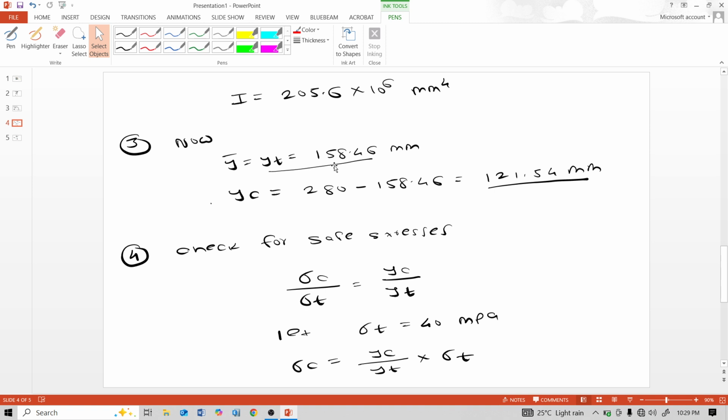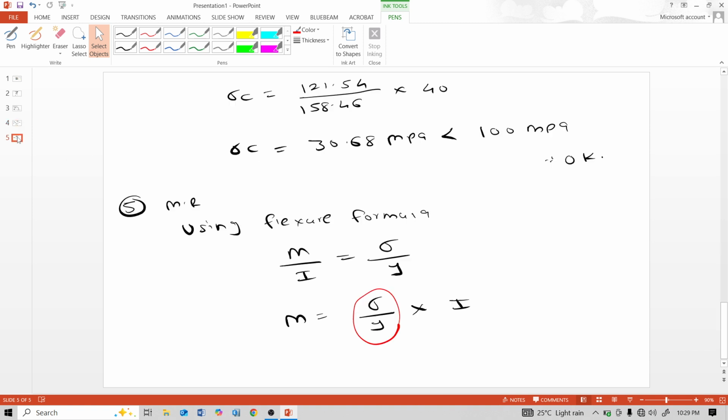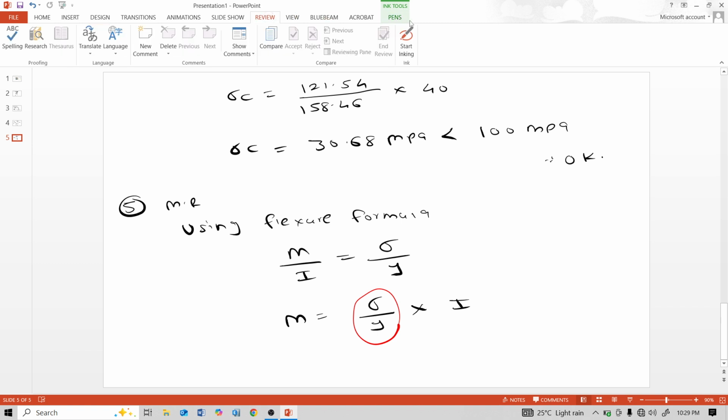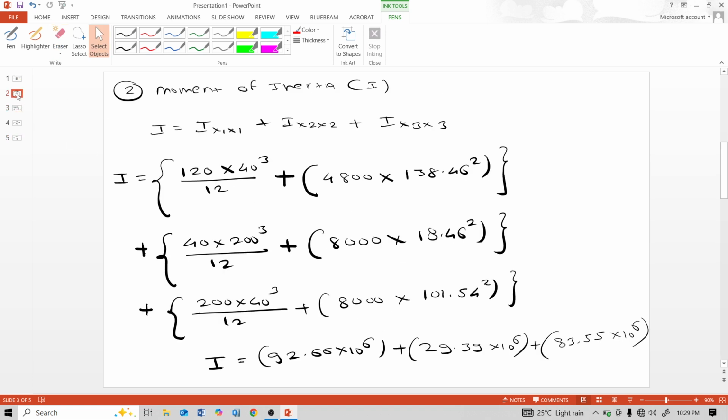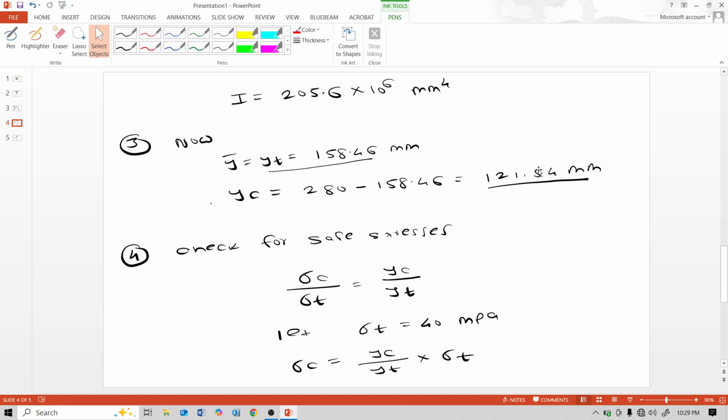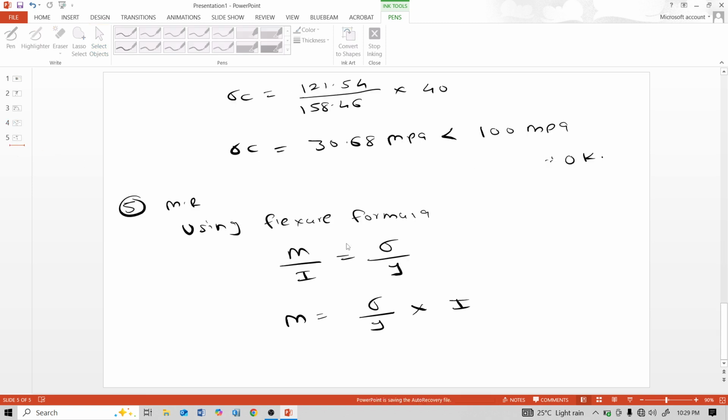When we consider YT, then consider sigma T. If YC value is maximum, then we choose YC value, and correspondingly we choose sigma C value, because both terms are similar.